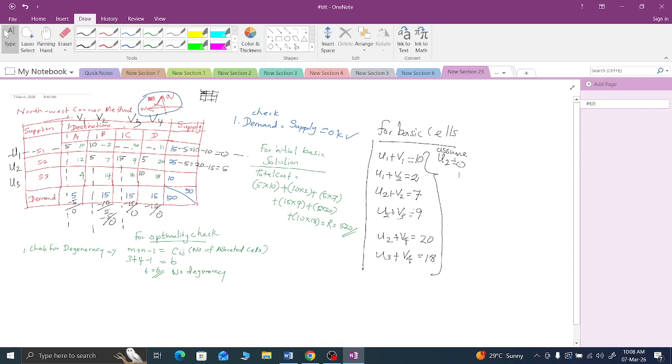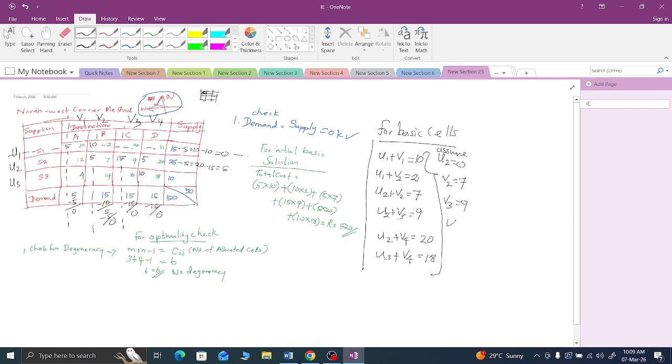So u2 is 0. With u2 equal to 0, v2 is 7, right? And from u2 plus v3 equals 9, v3 is 9. Now u1 plus v2 is 2, and you know v2 is now 7, so u1 is equal to minus 5.